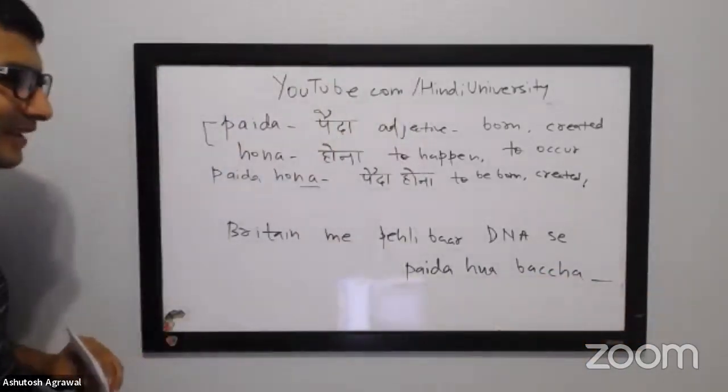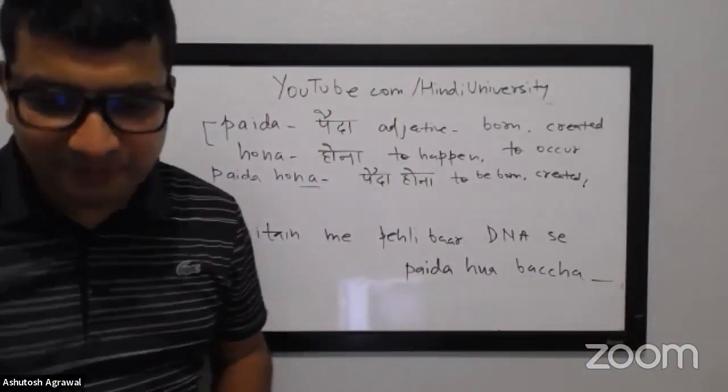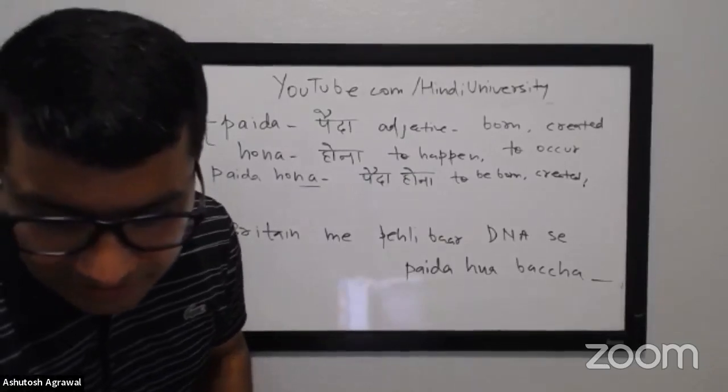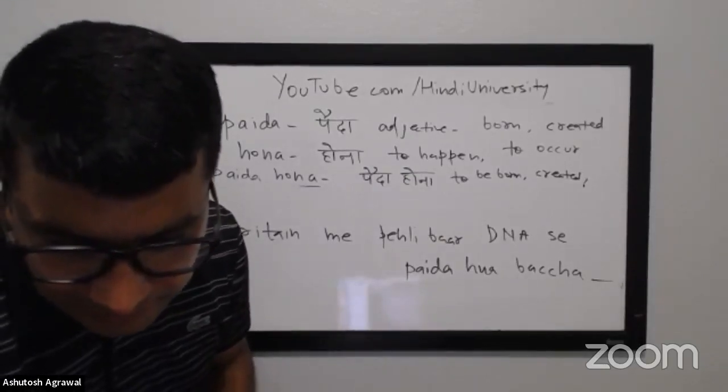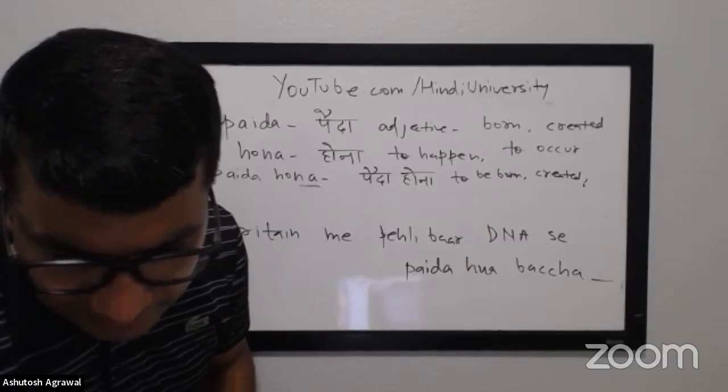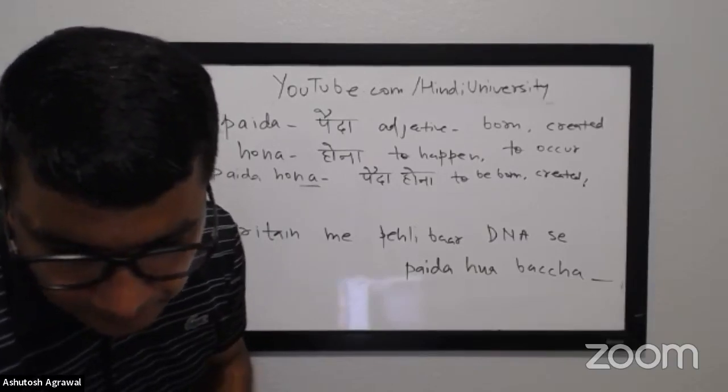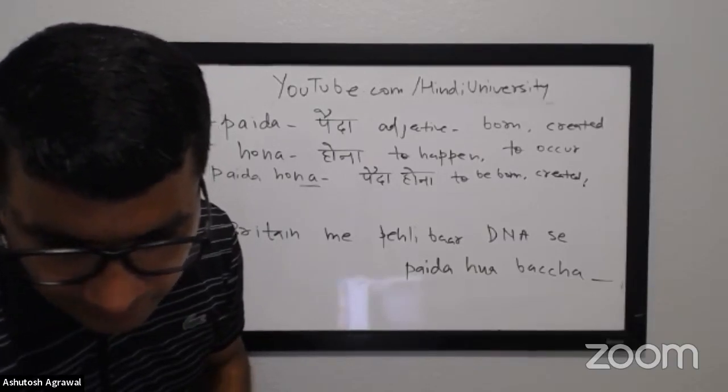Okay, I just simplified it. It was a little bit different. What do you think this article is going to talk about? Let's see. Everybody should think at least. Britain में, okay, let's see.